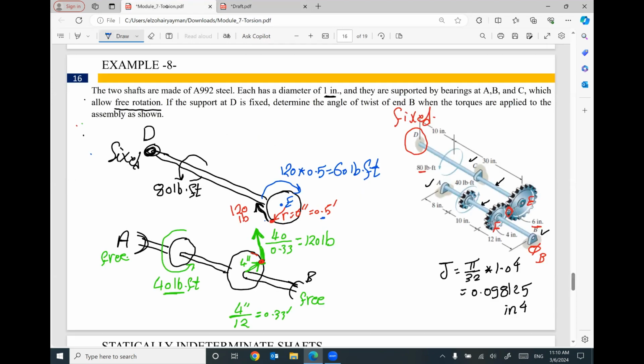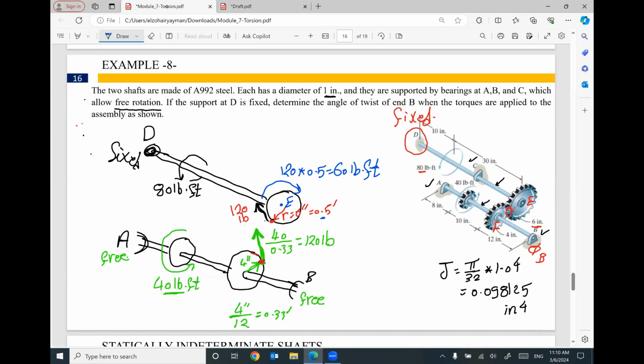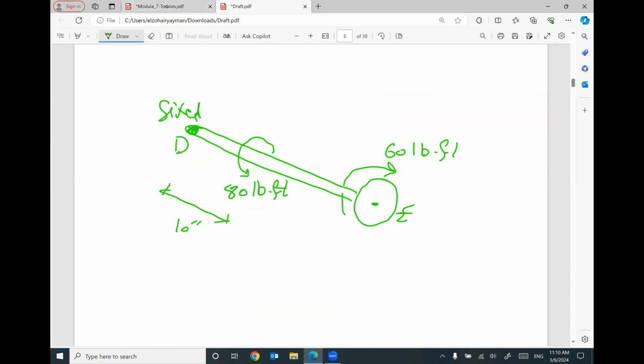That makes sense? 60 and 80. The lengths of this shaft are 10 inch and 30 inch. Yes, 10 inch and 30 inch.